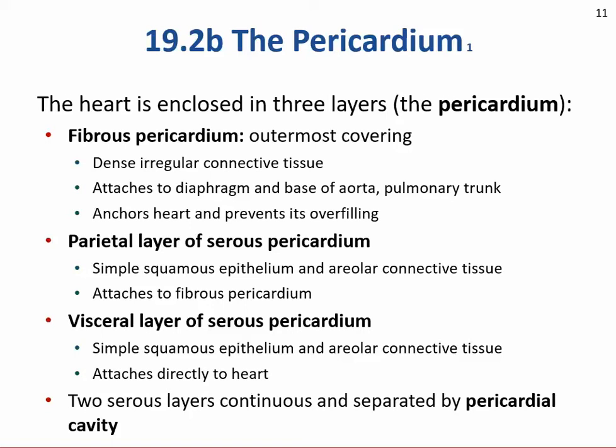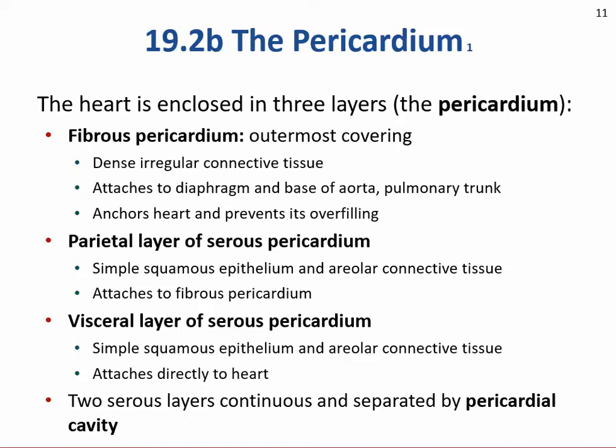Now, it comes in two layers. There's the layer that's attached to the fibrous pericardium, which is called the parietal layer, and there's a layer that's actually attached to the surface of the heart, and that's called the visceral layer. Now, moving forward, all the organs that are found in the abdominal, thoracic, and pelvic cavities have this exact same thing.